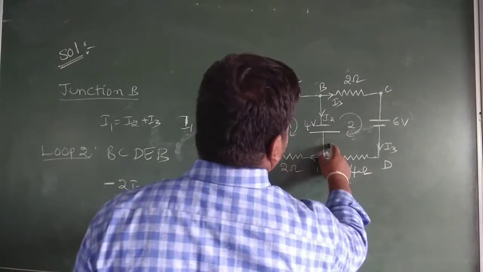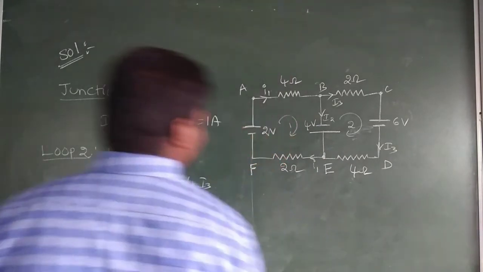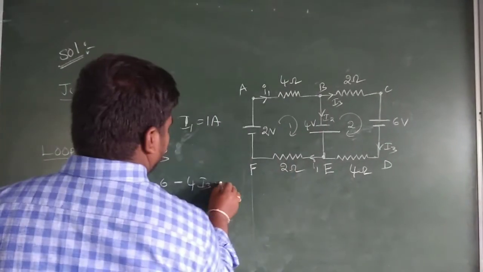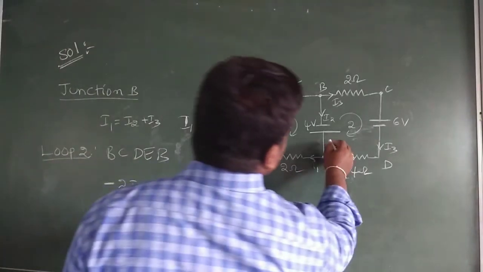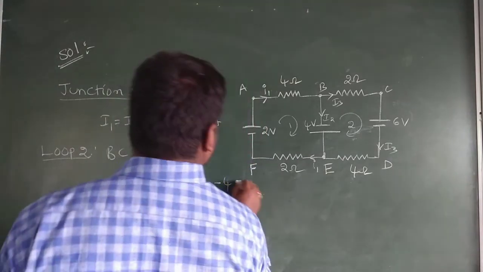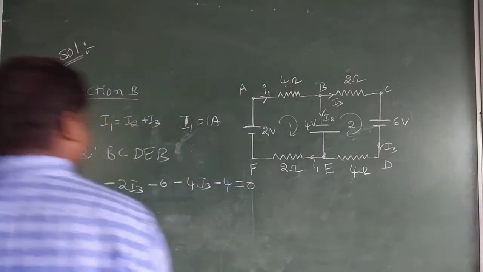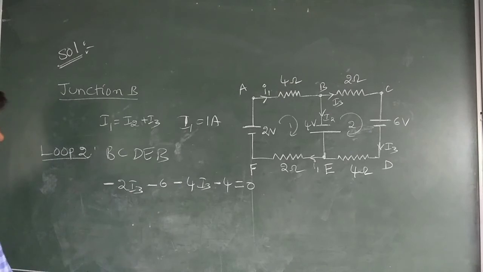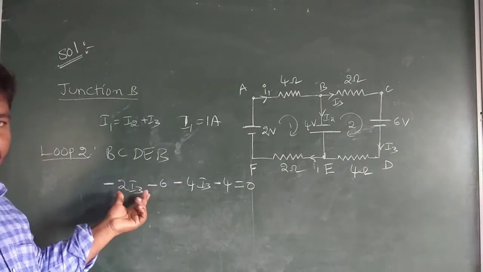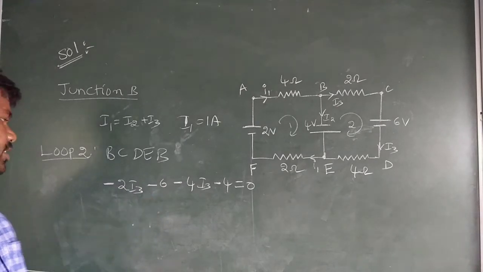And here another battery is there, the 4 volt battery, towards negative, so minus 4 volts, equal to 0. Here the product of resistance and current gives the potential difference.